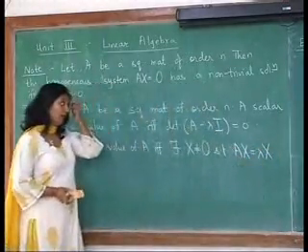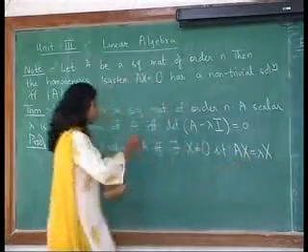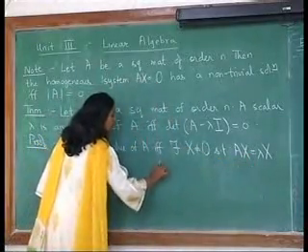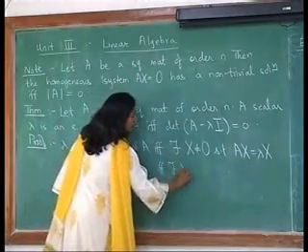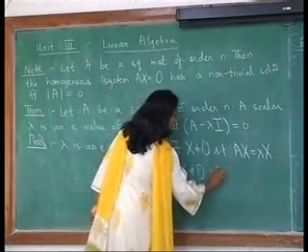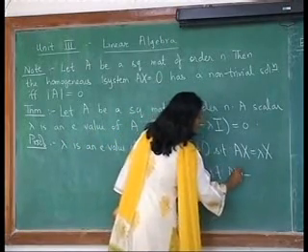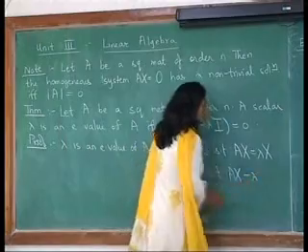Remember, we have to find a non-zero solution to this equation. So let me simplify this further. If and only if there will exist a non-zero vector x such that Ax minus lambda times x.